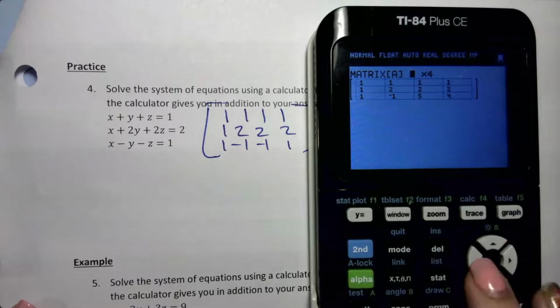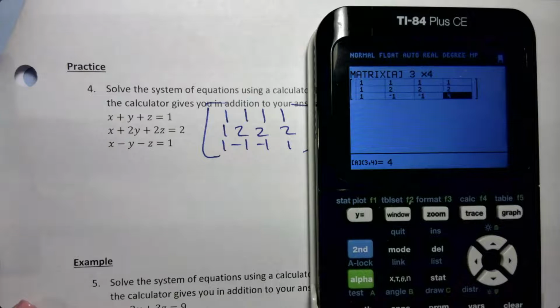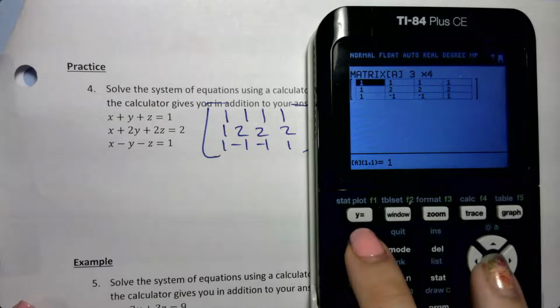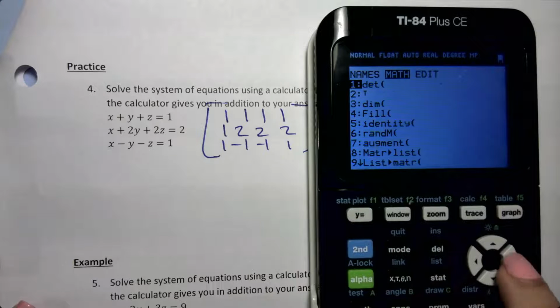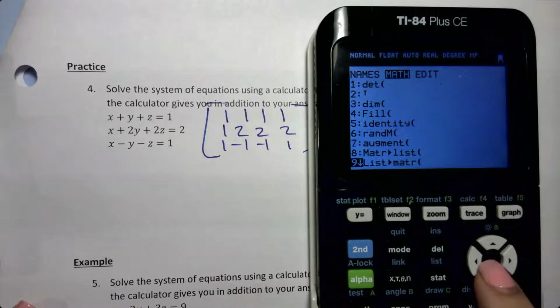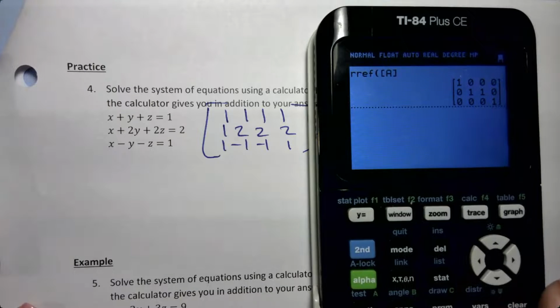Where did I mess up? Over here, this should be a negative 1, 1. Then I go second quit, second matrix, arrow over to math, scroll down to choice B. Then I go second matrix, enter my A, which gives me this matrix.